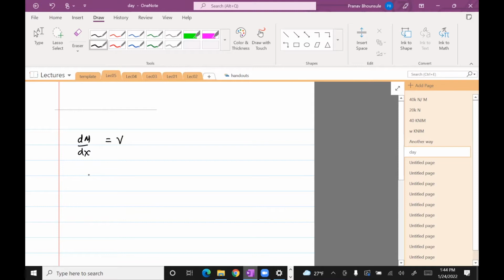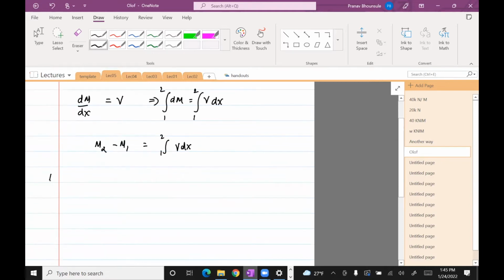First let's integrate this. dM equals V dx. Let's say we integrate this from 1 to 2. On the left side, since we just have dM, it would be moment at point 2 minus moment at point 1 equals the integral from 1 to 2 of V dx.